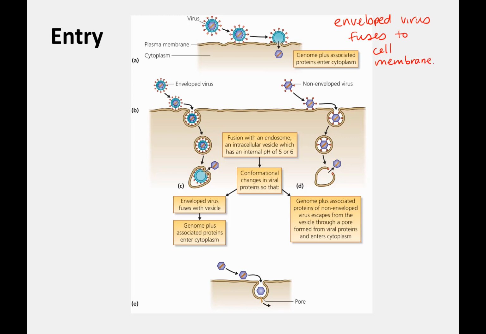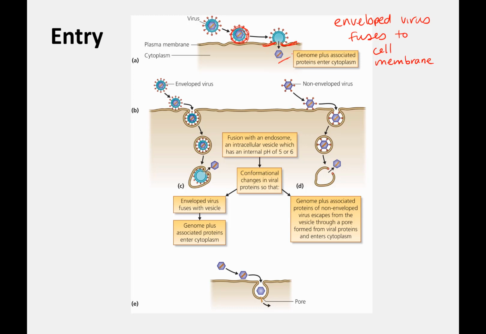So remember that an envelope is actually a phospholipid bilayer, and so when you learned in cell biology that membranes can fuse together or pinch apart with vesicles, this is the same idea. The phospholipid bilayer around the outside of the virus capsid here is fusing, because it's phospholipid to phospholipid, with the cell membrane and releasing that capsid with the genome into the cell.